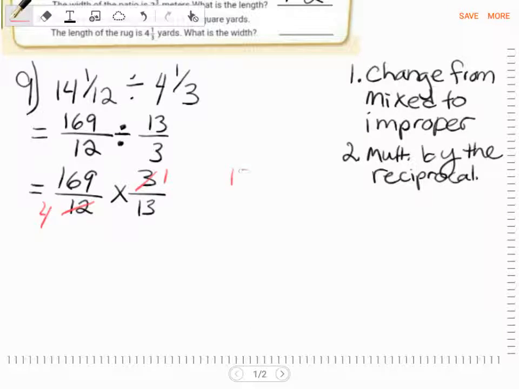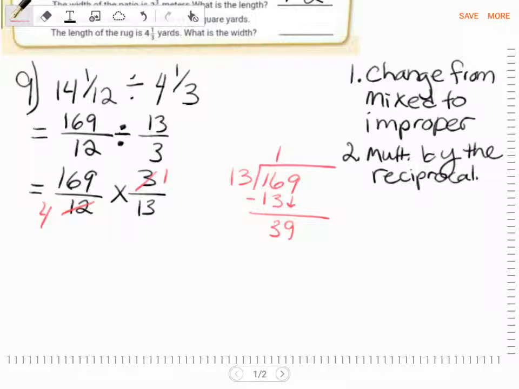I'm going to take 13 and divide it into 169 and see if it goes in there without having remainders, without having anything left over. So 13 is going to go into 16 one time. 1 times 13 gives you 13. Going to subtract here. I get 3. Bring down my 9. Now think 13 goes into 39.